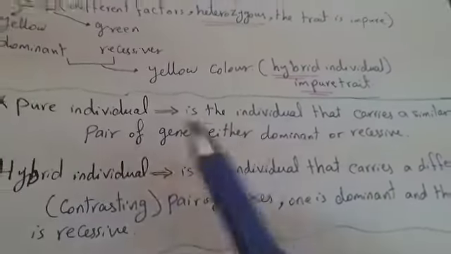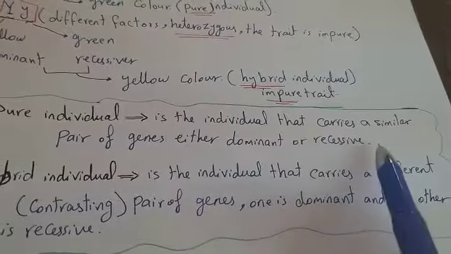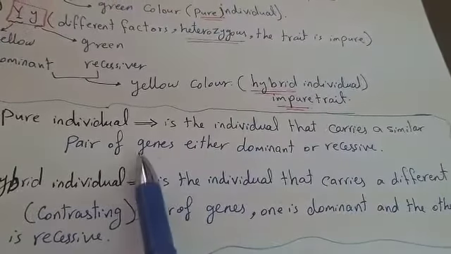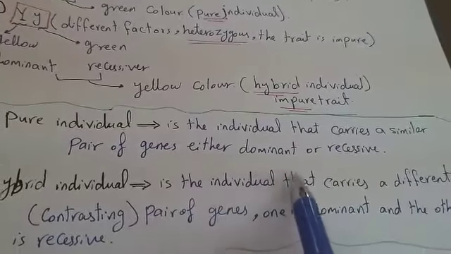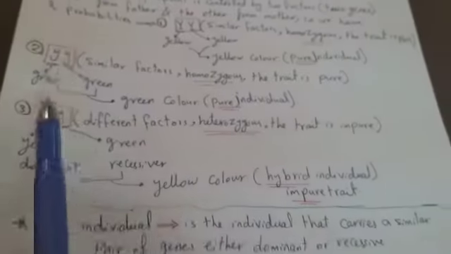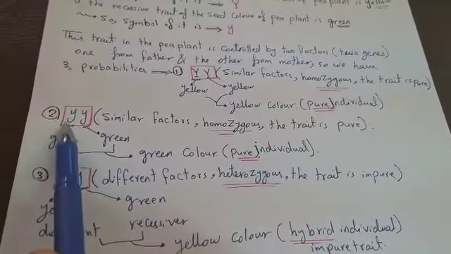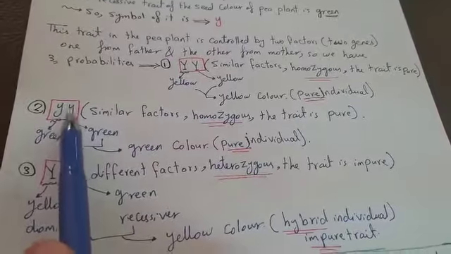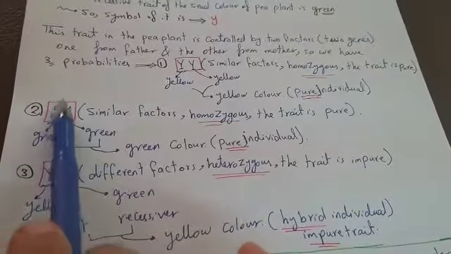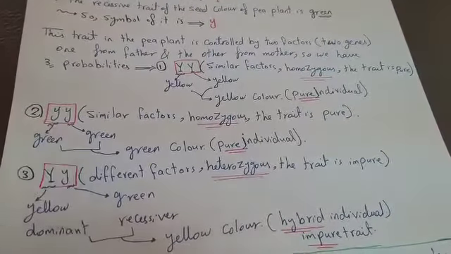So we have here two definitions. A pure individual is an individual that carries a similar pair of genes, either dominant or recessive, like recessive and recessive. This recessive gene comes from the father, this comes from the mother, so finally they form the offspring Y small, a recessive pure individual.